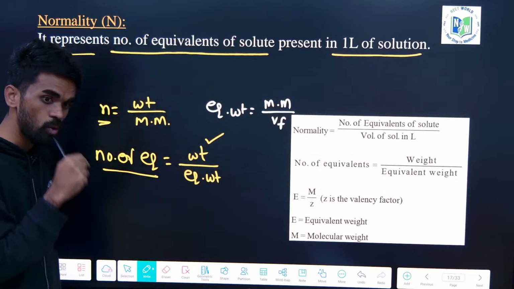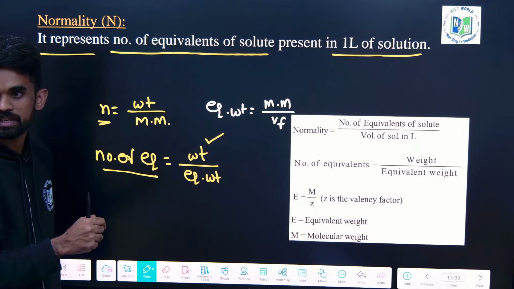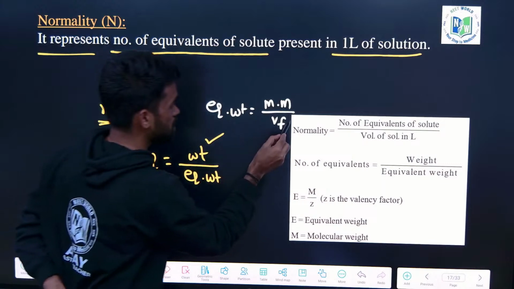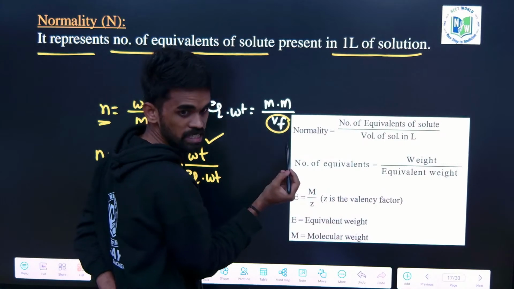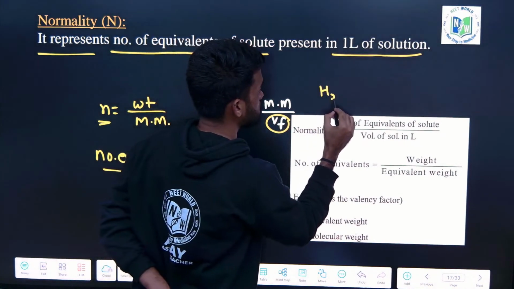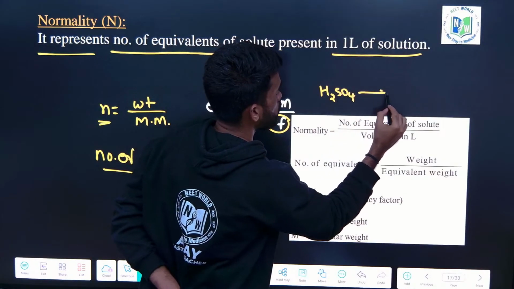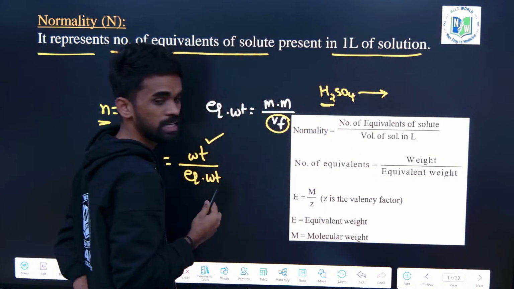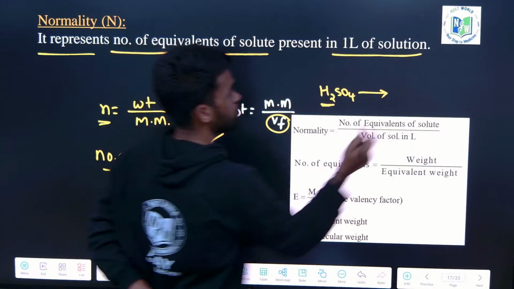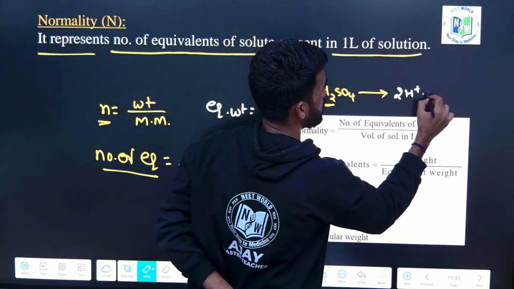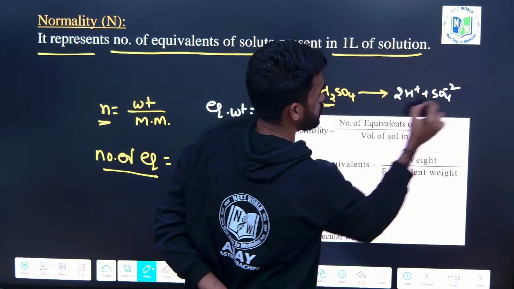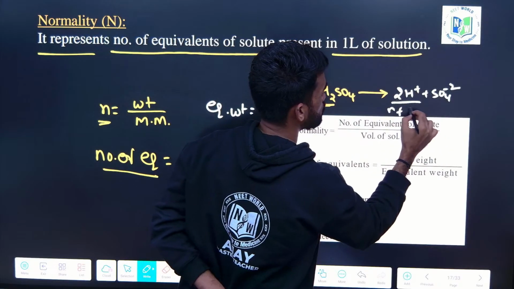Now you have one more new term. What is this valency factor? Let us say I have an acid, H2SO4. How many H plus ions can this substance release? 2, right? So 2 H plus ions and a sulfate ion are formed, so its N factor will be 2.